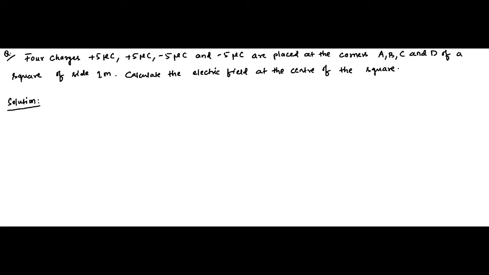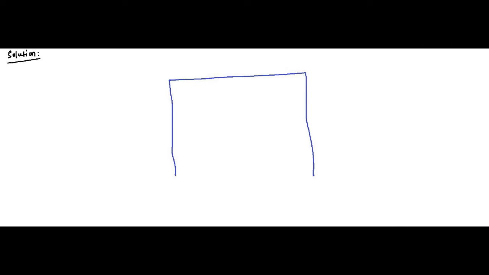Let us draw the diagram. So we'll draw a square. We have the four corners: this one, this one, this one, and this one.